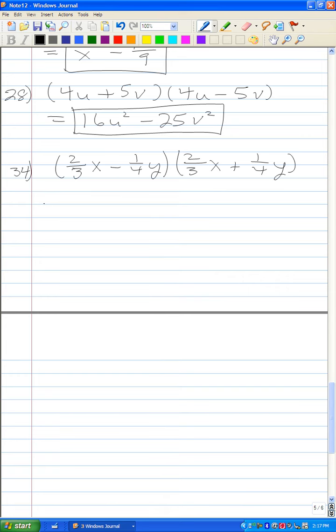The only difference is that one is plus, the other is minus. 2/3 times 2/3 is 4/9. X times x is x squared. Negative 1/4 y times positive 1/4 y is negative 1/16 y squared. And that is your answer. Let me do problem number 44.